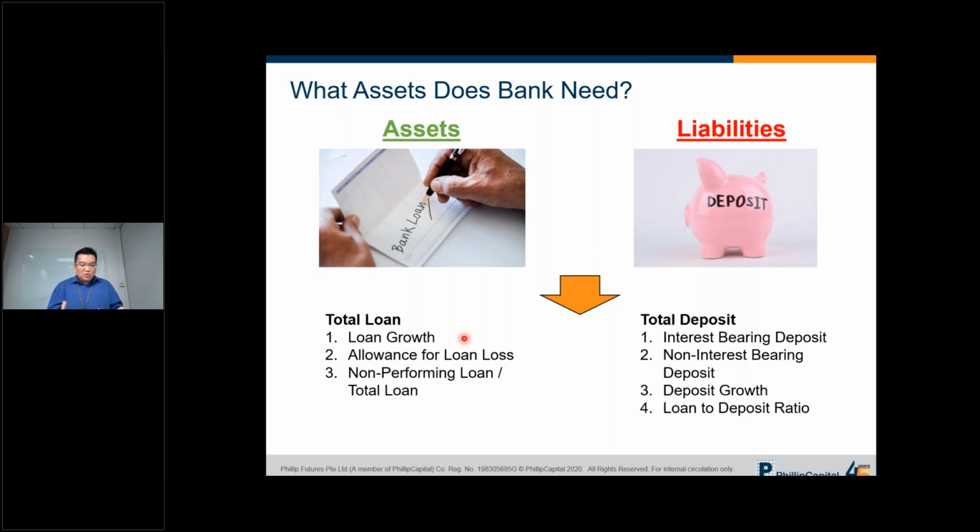The banks were also asked, firstly, to reduce the dividend payout, and secondly, they set aside more allowance for loan losses. So with the income they earned, instead of reporting it and paying it out to investors as dividends, they had to set aside a portion just in case, because of the huge uncertainty and the recession.